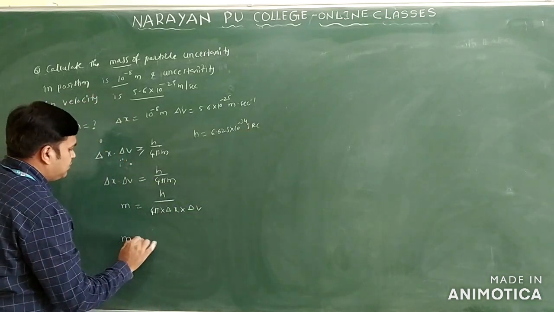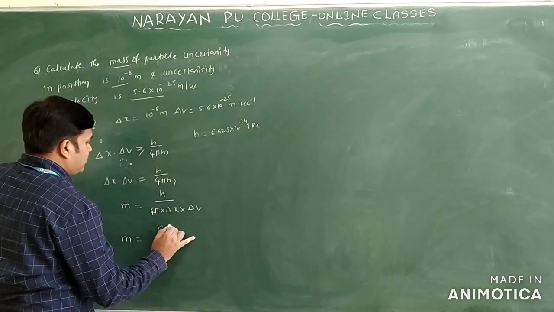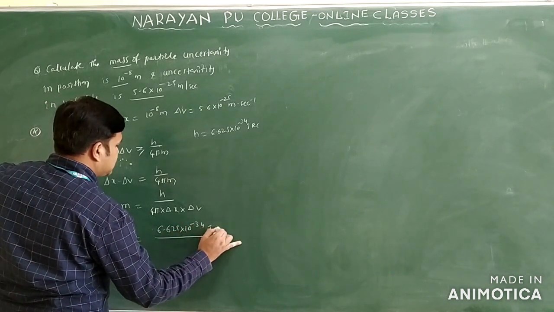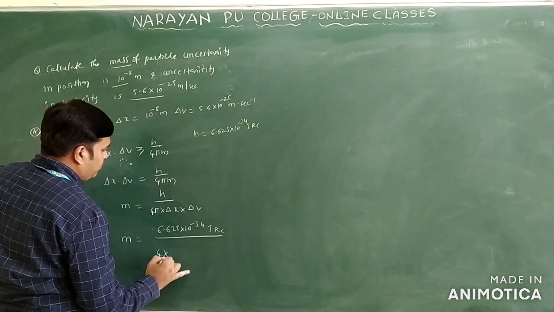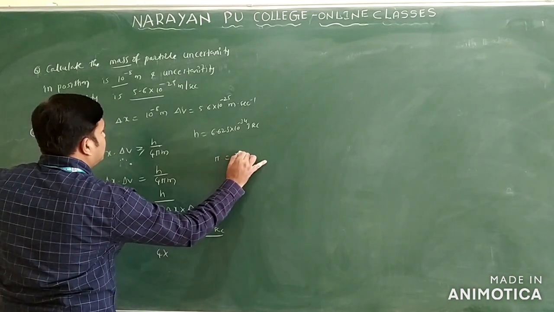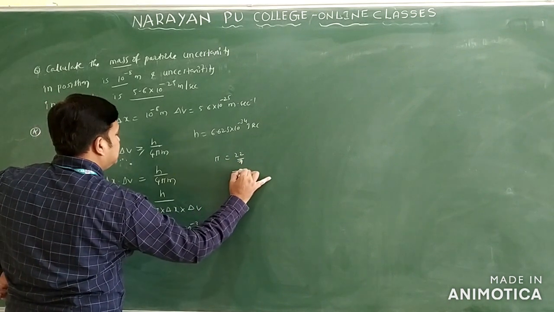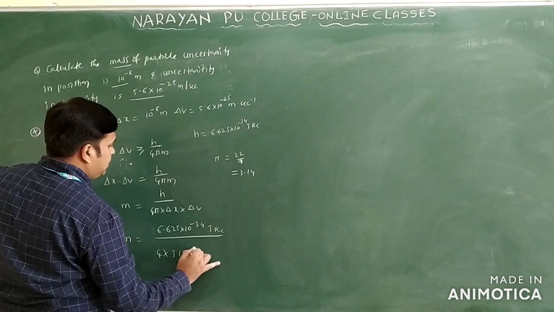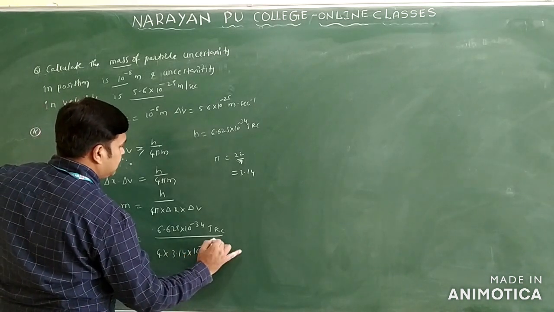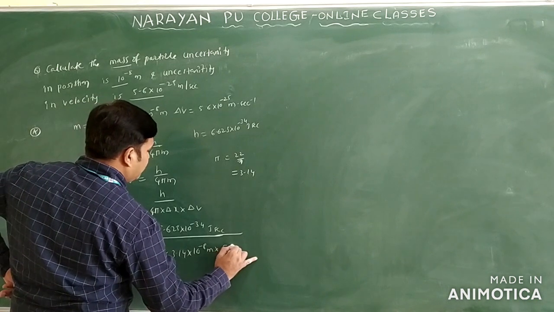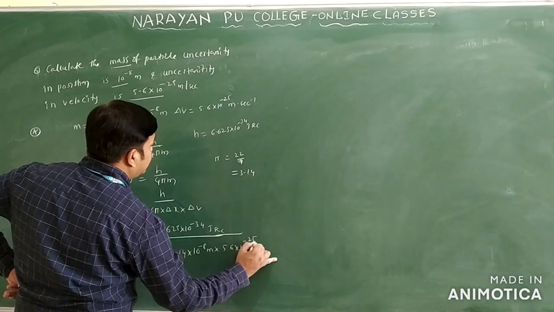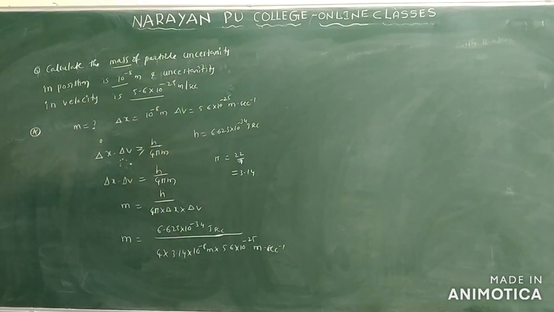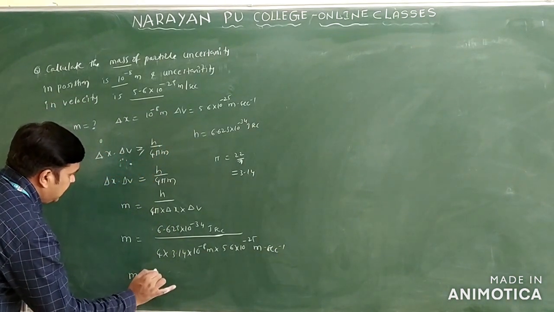Substituting the values, m is equal to 6.625 into 10 power minus 34 joule second by 4 into pi value, 3.14, into delta x, 10 power minus 8 meter, into 5.6 into 10 power minus 25 meter per second. Clear? So you can do the calculation.